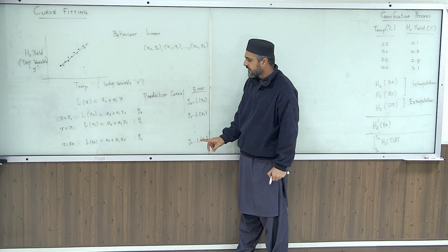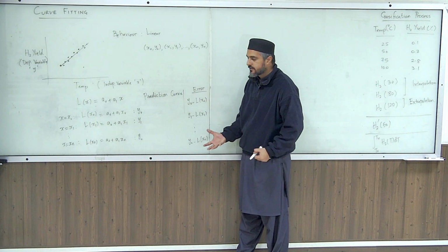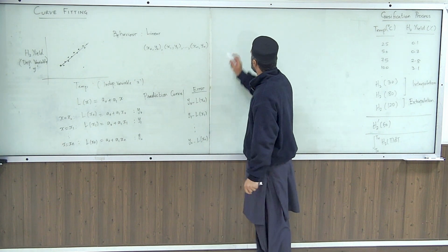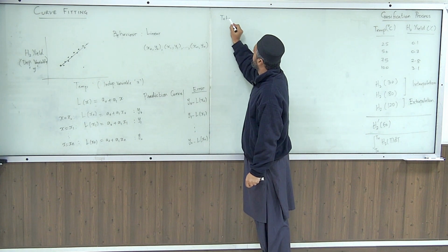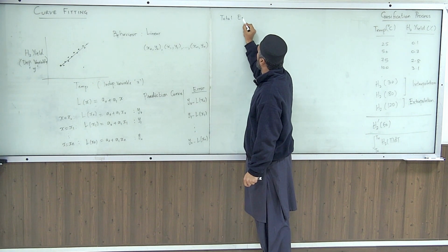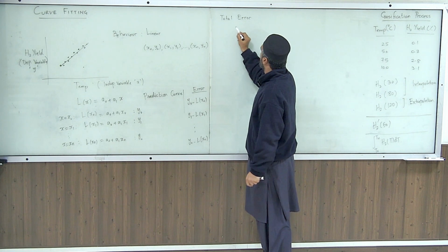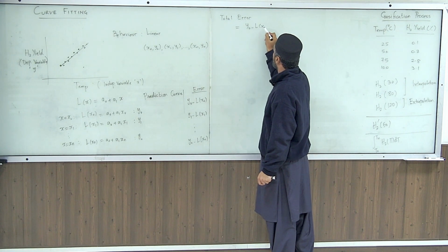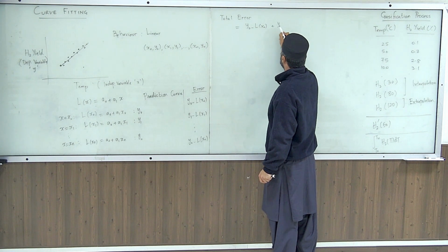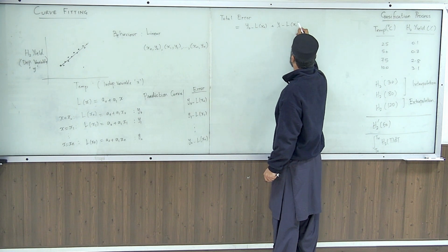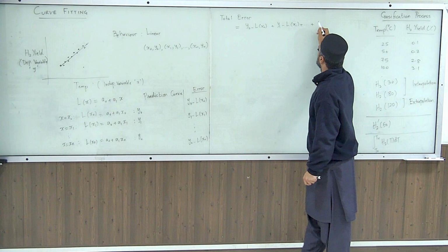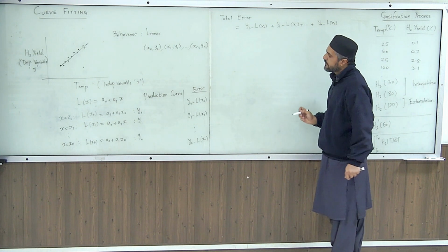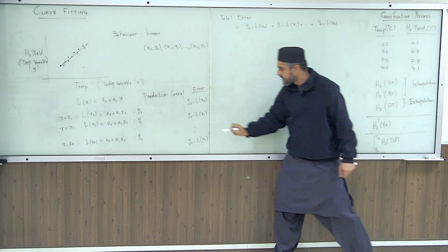Now if I ask you to calculate the total error, you'll say, okay, let's sum up all the error terms. So the total error will be y naught minus L of x naught plus y1 minus L of x1, and so on to yn minus L of xn. But you see, we always talk about the error in absolute terms.